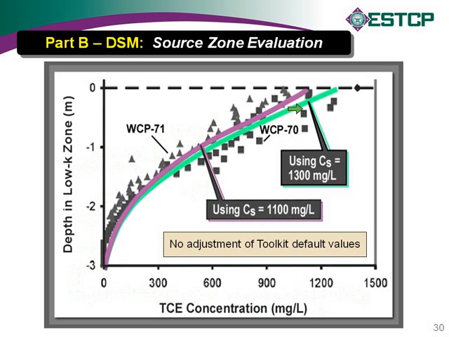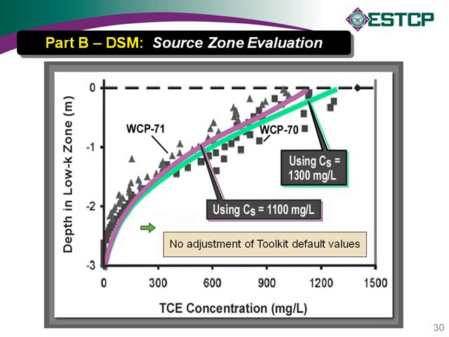But then we looked at the actual data, and the maximum observed was 1,300 milligrams per liter. So we said, okay, if we put in 1,300, what's it going to do? The green line is using a loading concentration of 1,300, based on their maximum observed concentration. That's in the source zone, and it looks like this because there's DNAPL still feeding the diffusion, and you have this exponential die-off as you go deeper.